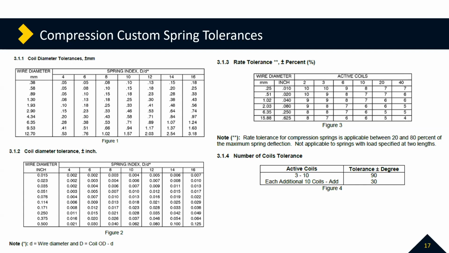But we don't typically see a coil amount or total coil tolerance on any of the points that we normally keep. Normally it's a reference dimension at that point, because the active and the total coil do play a role in figuring it.